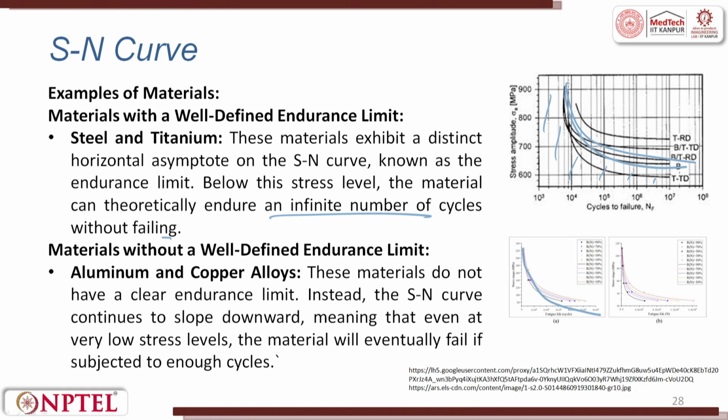That is why we never use aluminum or copper for cyclic loading. In a shaft, we try to avoid an aluminum shaft. We always go for steel, titanium, and other alternatives. Aluminum and copper shafts we do not use.